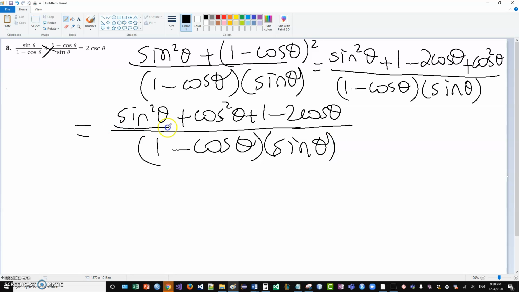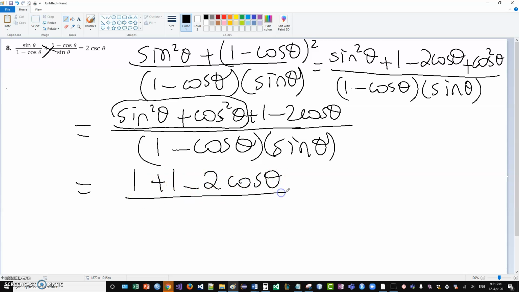These two, sine squared plus cosine squared, give 1, so 1 plus 1 minus 2 cosine theta over 1 minus cosine theta times sine theta.